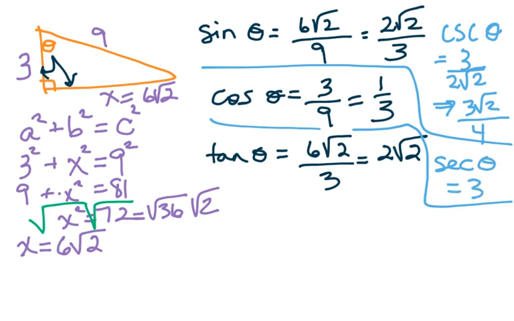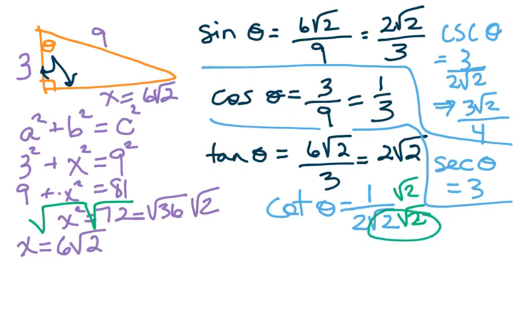That's just going to be 3 because it's the reciprocal of 1/3. And then finally over here, cotangent theta will be the reciprocal of 2 root 2, which is 1 over 2 root 2. Remember, you'll have to rationalize it, so you multiply the top and the bottom by root 2. Then this becomes a real 2. Okay, and you end up getting the cotangent of theta equals root 2 over 4.